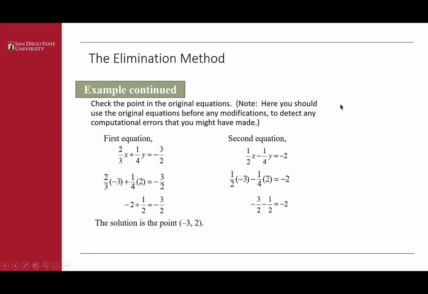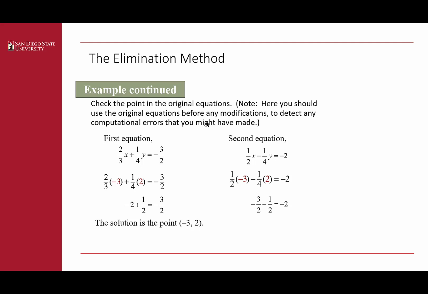Now, finally, we will check the point in the original equations. Here, we should use the original equations before any modifications and before the multiplications to detect any computational errors that we could have made. And if we use this point (minus 3, 2), in the first equation we get 2 over 3 times minus 3 plus 1 over 4 times 2 equals minus 3 over 2, which is minus 2 plus 1 over 2 equals minus 3 over 2.